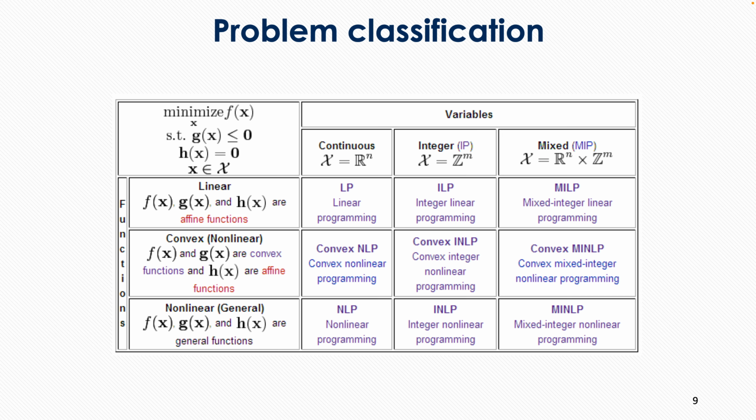You also have optimizations which are entirely linear. You have optimizations which are convex nonlinear, so basically x squared. I guess there are technically other types of convex problems, but usually they're x squared type things. And then you have nonlinear, which could be a non-convex type of problem.